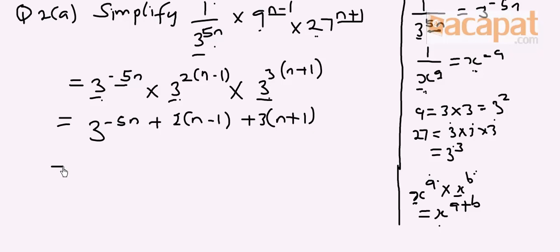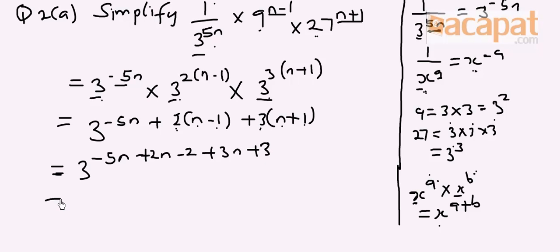This will be equal to 3 raised to the power minus 5n. We open up this bracket here: 2 times n is 2n, so we have plus 2n. 2 here times minus 1 is minus 2. 3 here times n is 3n, so I have plus 3n. 3 here times plus 1 is plus 3.